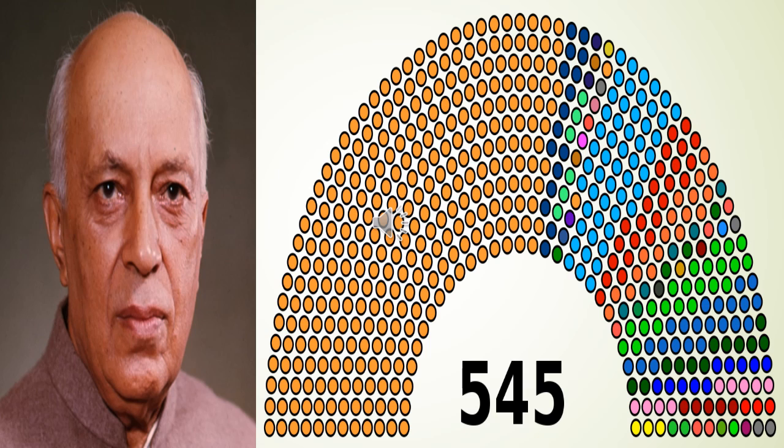If no party gets such an absolute majority in the Lok Sabha, then the president can summon the leader of any party who in his opinion can manage to form a ministry. If no party gets more than 273 seats, the president can choose a person who has a larger number of seats in the Lok Sabha as the prime minister.